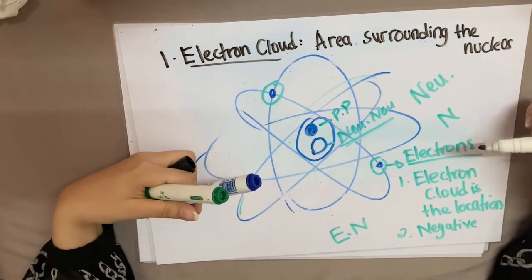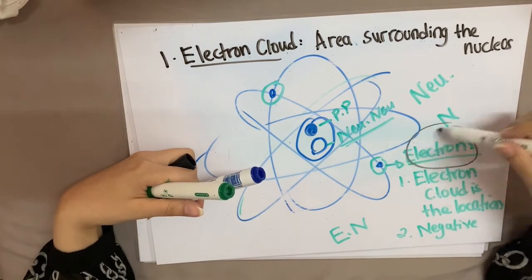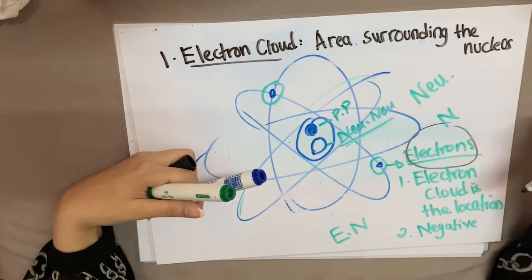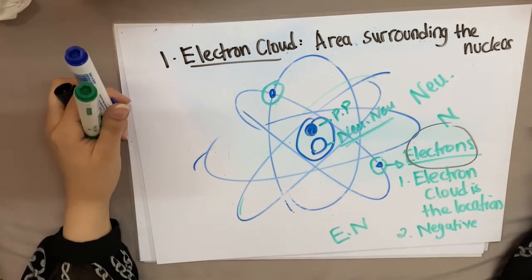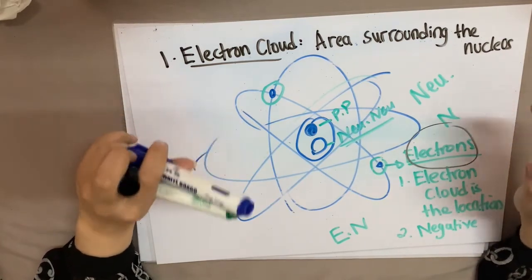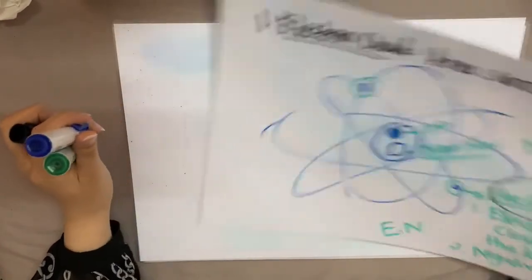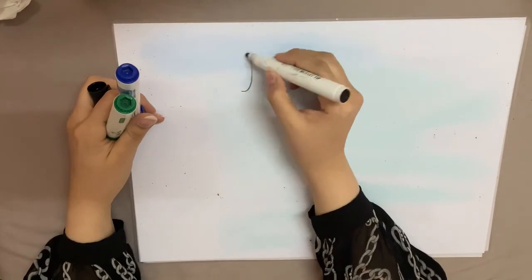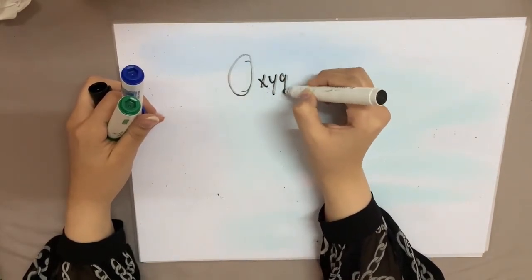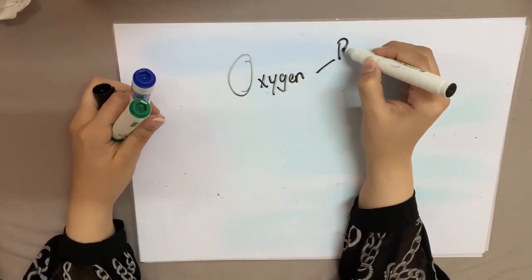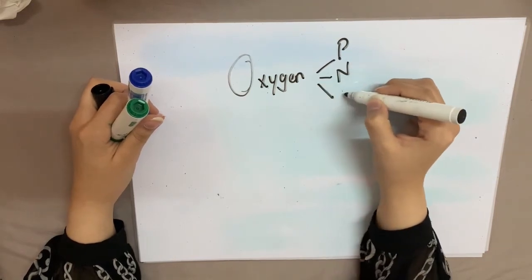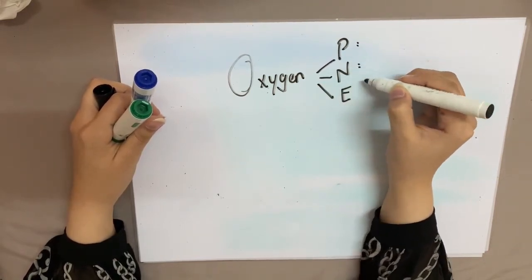Inside the electron cloud, we have electrons that are negatively charged and are located in the electron cloud. Some atoms, like oxygen, have the same number of protons, neutrons, and electrons. For example, oxygen, protons, neutrons, and electrons are all 8.